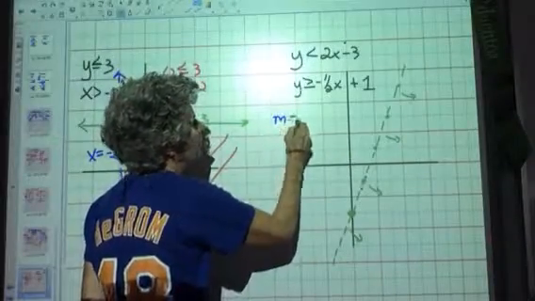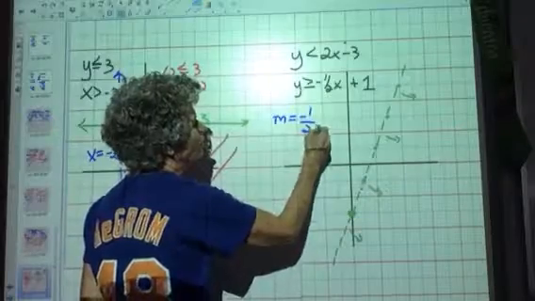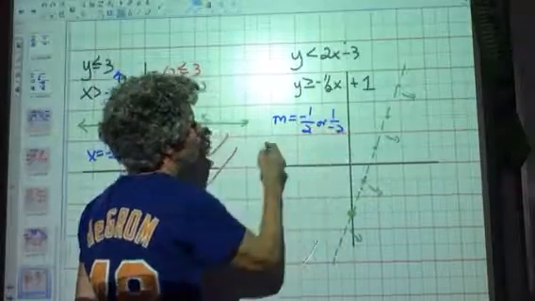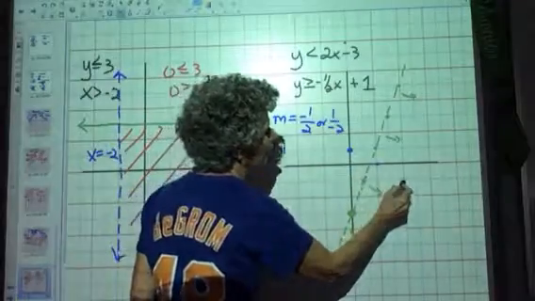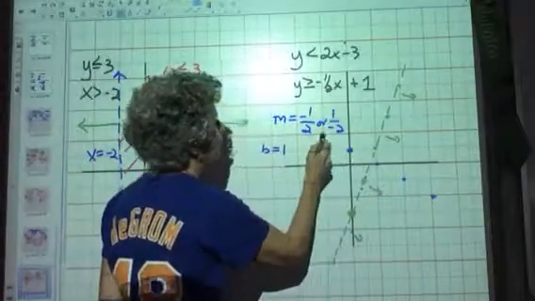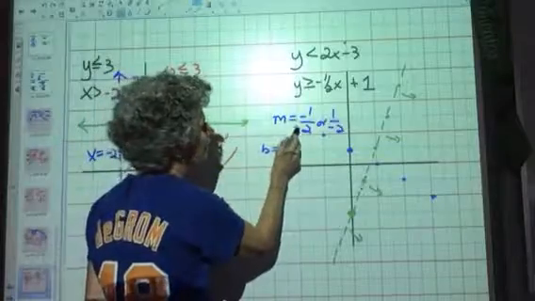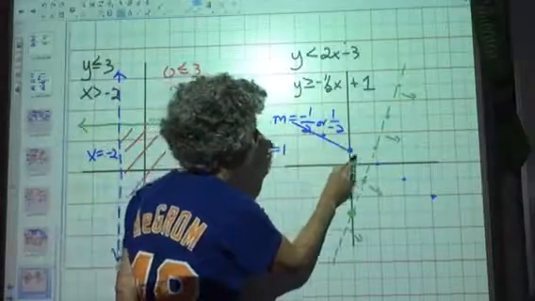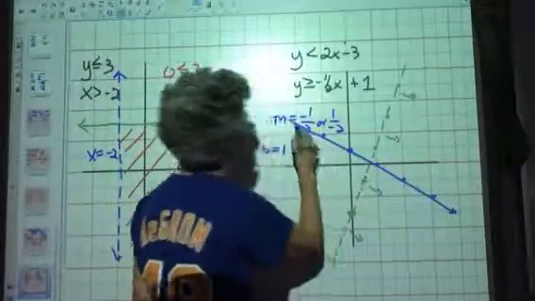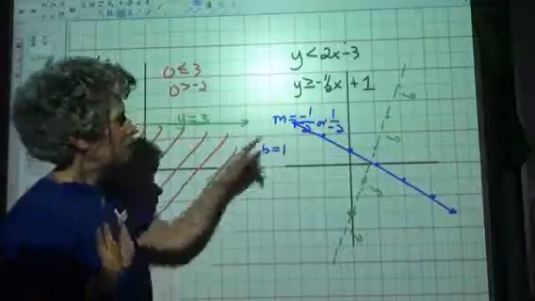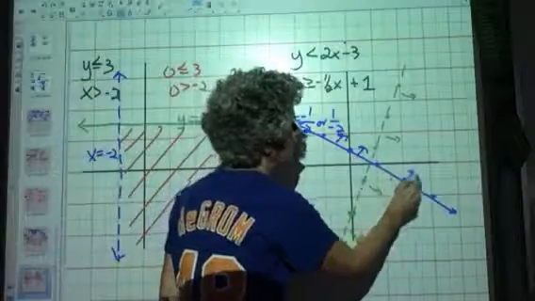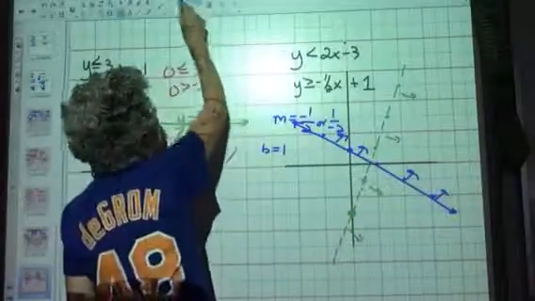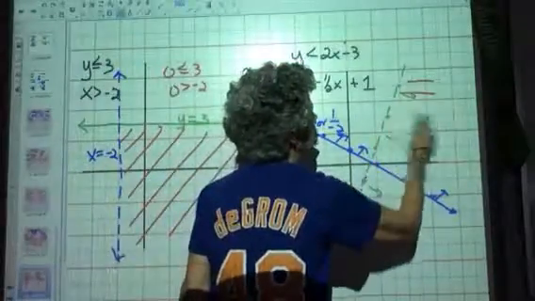So our slope is negative 1 over 2, or 1 over negative 2. Our y-intercept is 1. So we start at 1, negative 1/2 for our slope. This has equal, so it's going to be a solid line. And then I would be greater than that one. So greater than would be this side. And then you can see where those two come together, and it's right in here.